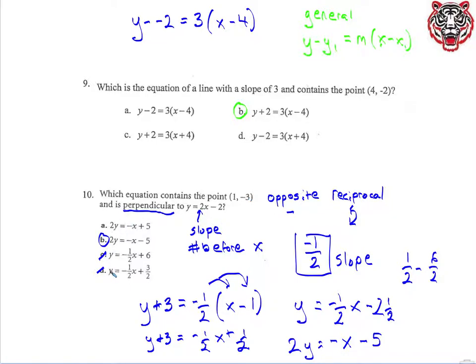So I just do 2 times 1 is 2. You're plugging in our y, 2 times -3 is -6. Wait, what should this be?